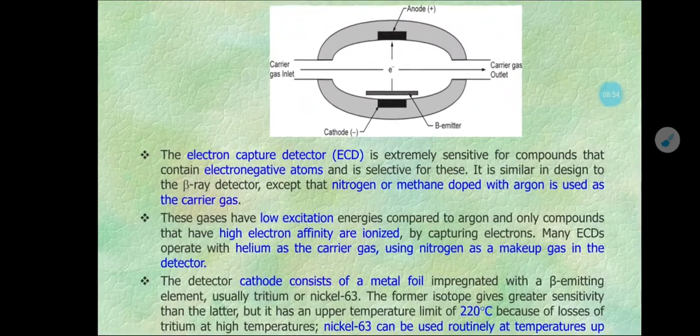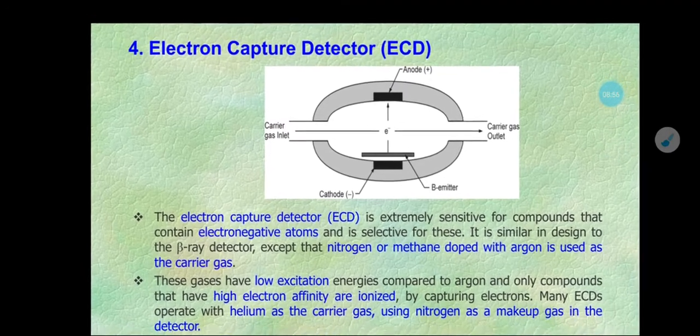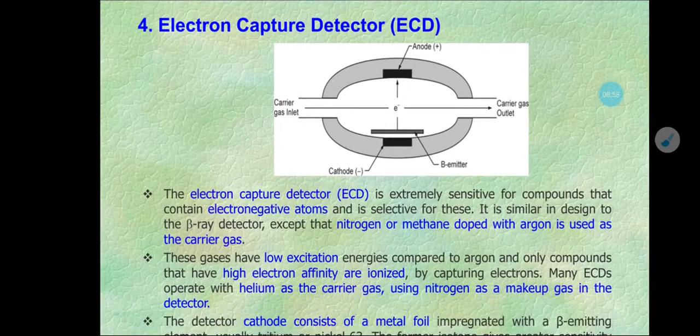Next, the fourth detector generally used in gas chromatography is the electron capture detector. ECD is extremely sensitive and selective for compounds that contain electronegative atoms.